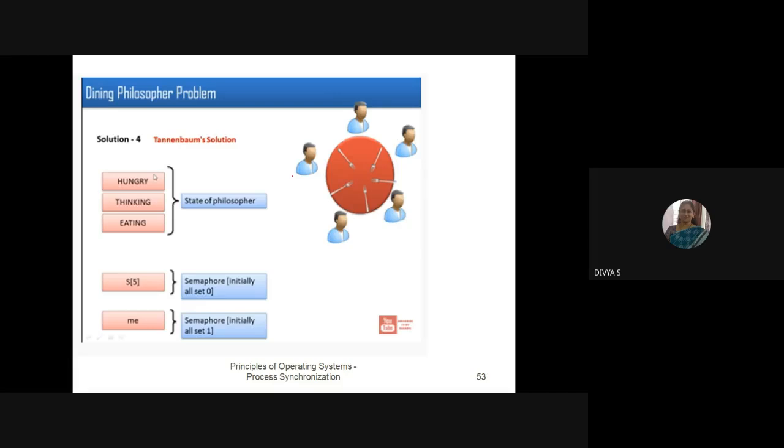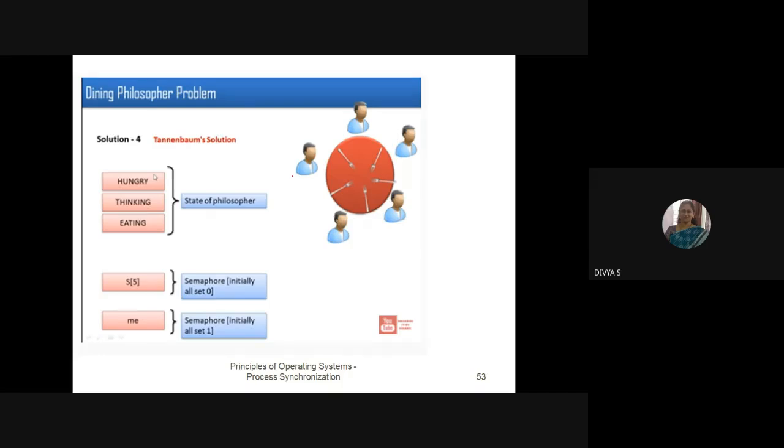So that is the beauty of this solution. First of all, he should be hungry, and he should think fast in picking the chopsticks, right and left side, and start eating. If he starts eating fast as well, then he can put down the chopsticks fast, so that the same chopsticks can be used by the other philosophers. This is how all the philosophers' hunger can be satisfied.